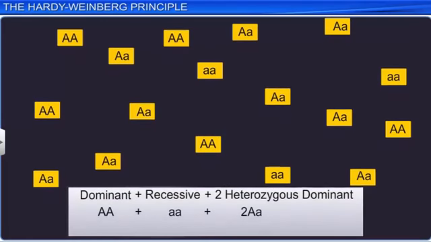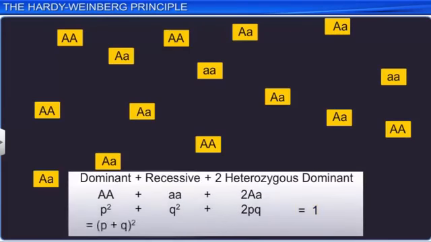On substituting capital A with p and small a with q, we get p square plus q square plus 2pq. Therefore, we get the equation p square plus 2pq plus q square is equal to 1, which is in fact the binomial expansion of the whole square of p plus q.